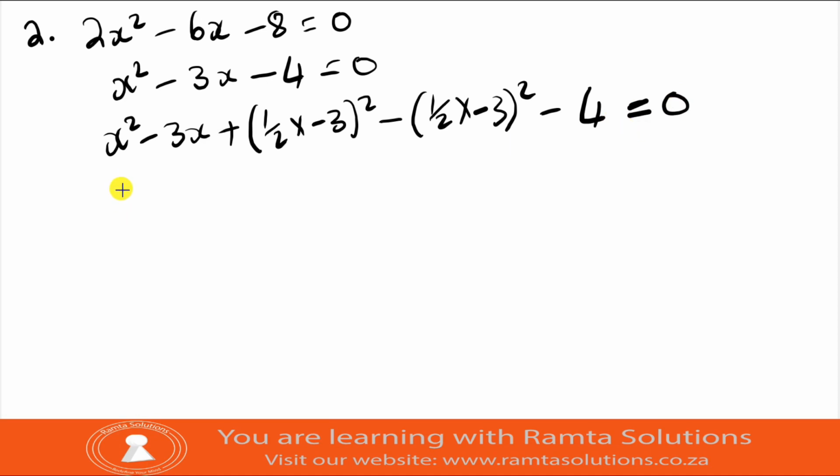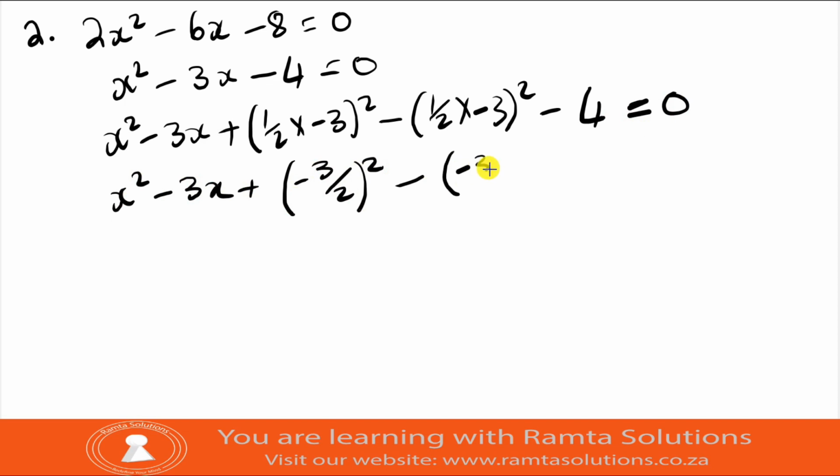So we have x squared minus 3x plus, this simplified is minus 3 over 2 all squared, minus again, the same thing, minus 4 equals 0. So we have a perfect square trinomial.